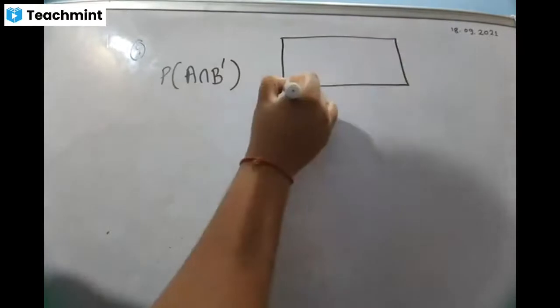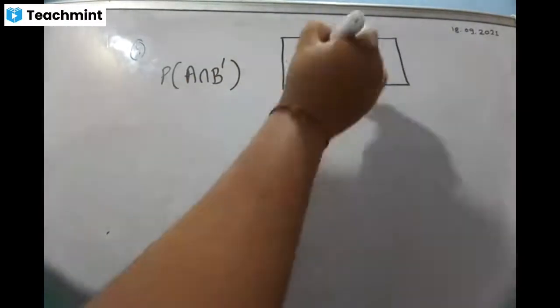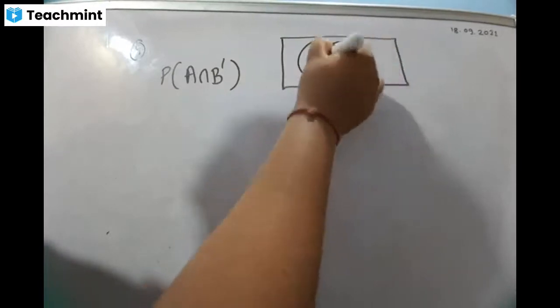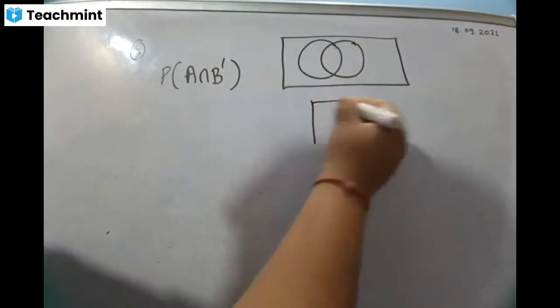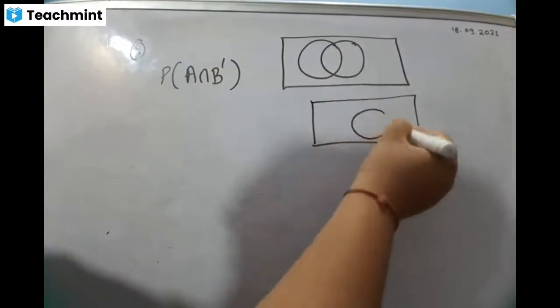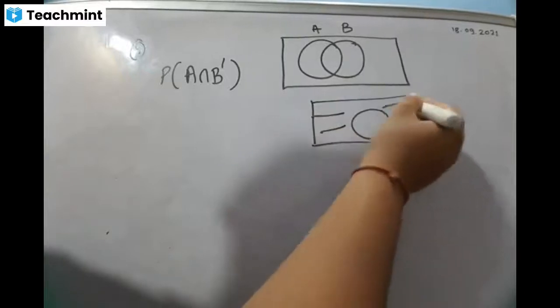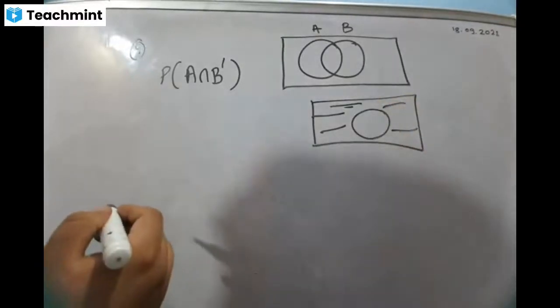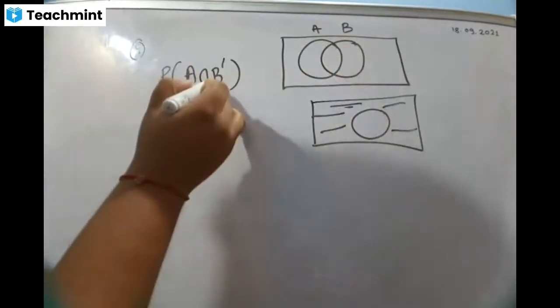I am teaching you how to derive it, because why just memorize. So this is your A and this is your B. First of all, tell me what is B complement. B complement means everything outside B. So outside B means this whole region. Finally, intersection means common.